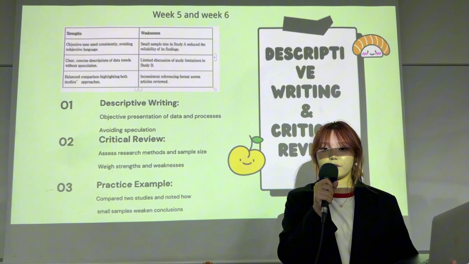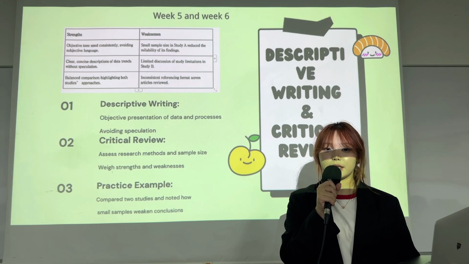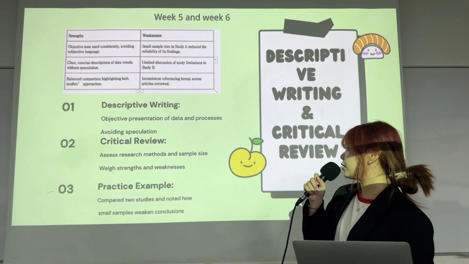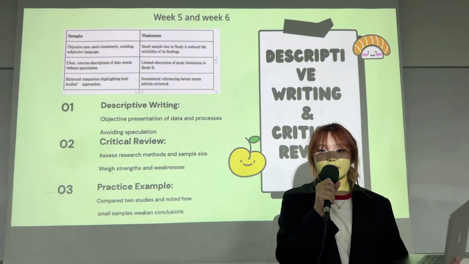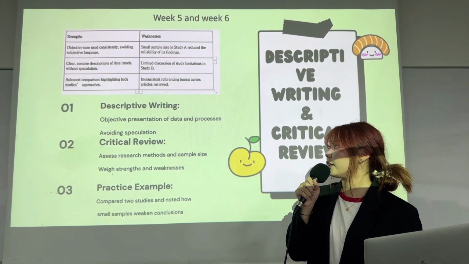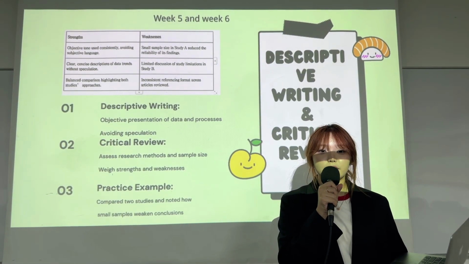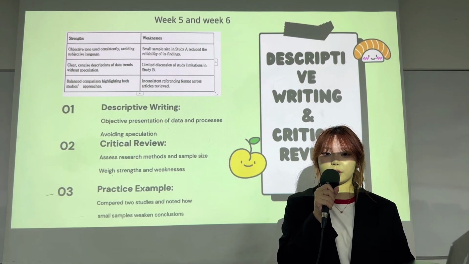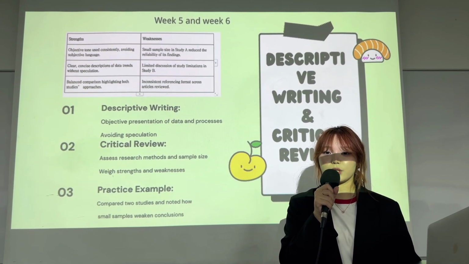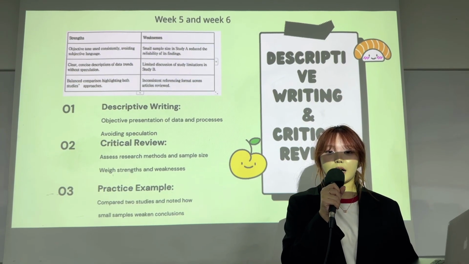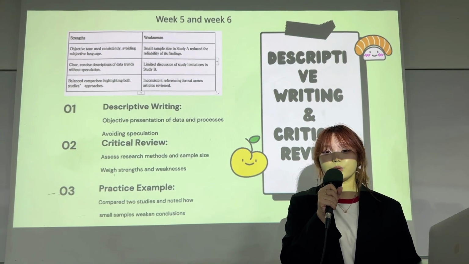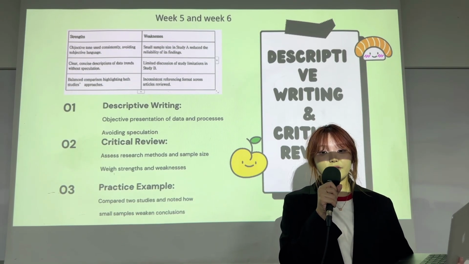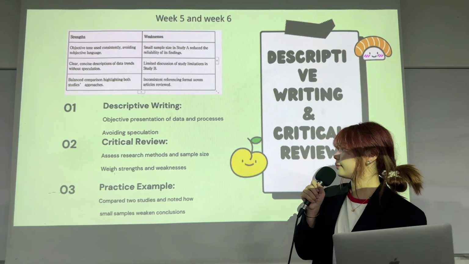Critical reviews helped me evaluate evidence and construct balanced arguments. For example, I compared 2 articles and noted how the small sample size of one of the articles weakened its conclusions. I recorded these observations in a 2-column table, strengths on the left and weaknesses on the right.